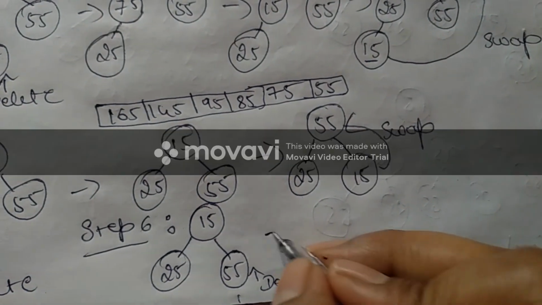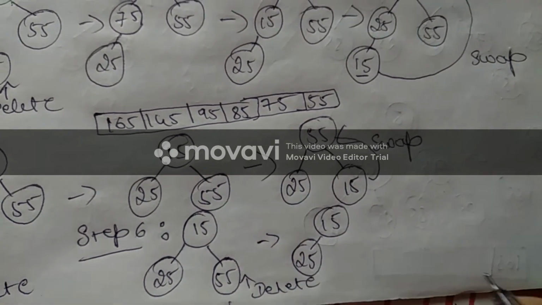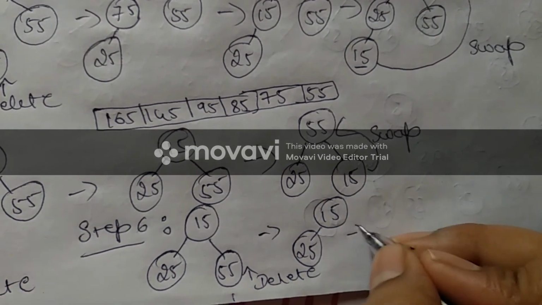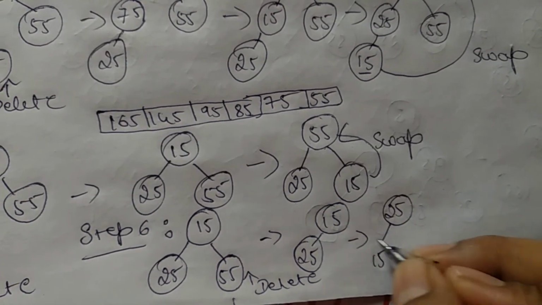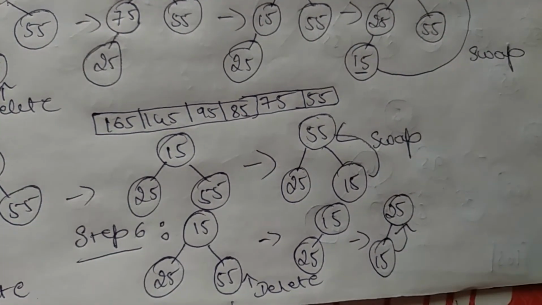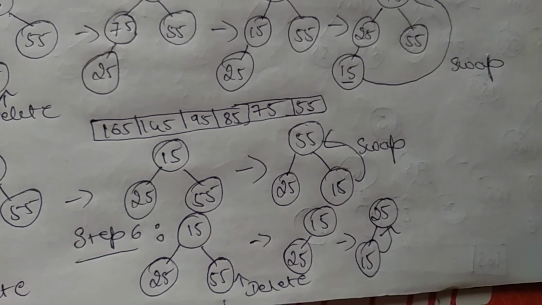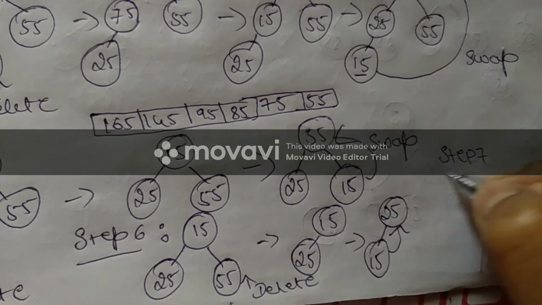Okay. Next, after deleting, I'll get 15 and 25. Again, according to the parental dominance, I'll put 25 over here and then 15 over here. These two are the only remaining elements, swap 15 and 25, because last element and the root element. Then, step 7.